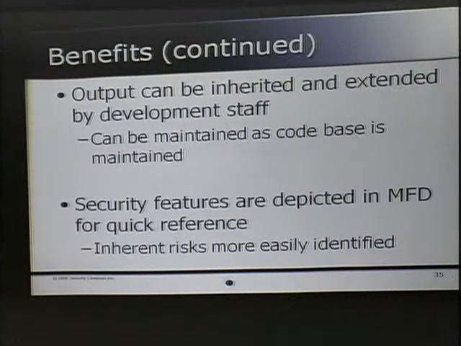Another benefit is that now we have a living, breathing document, and as the code base is extended, this document can also be extended, by developers or by designers or architects. When a new feature is added to the code base and that requires new classes, you can extend the outputs of this code level threat analysis to cover those new use cases or new features that you've added.